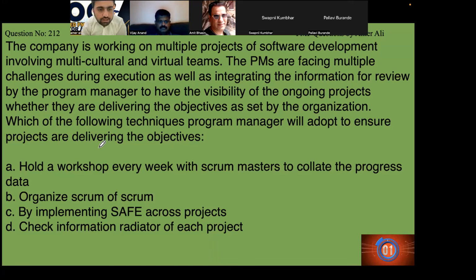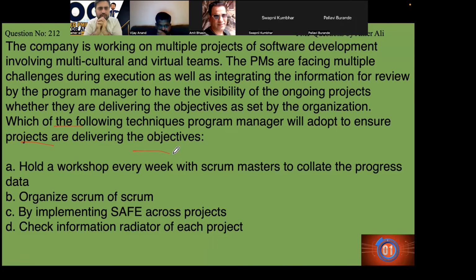Acha ji. Which of the following techniques will the project manager adopt to ensure projects are delivering the objectives? We want to see which technique will be used. The company is working on multiple software development projects, including a multicultural, virtual team.